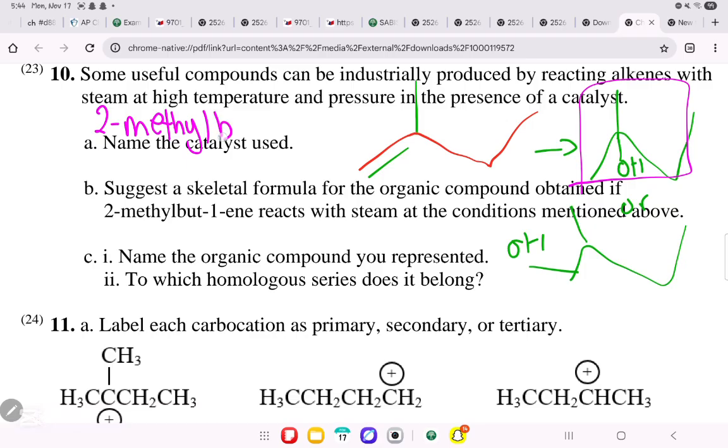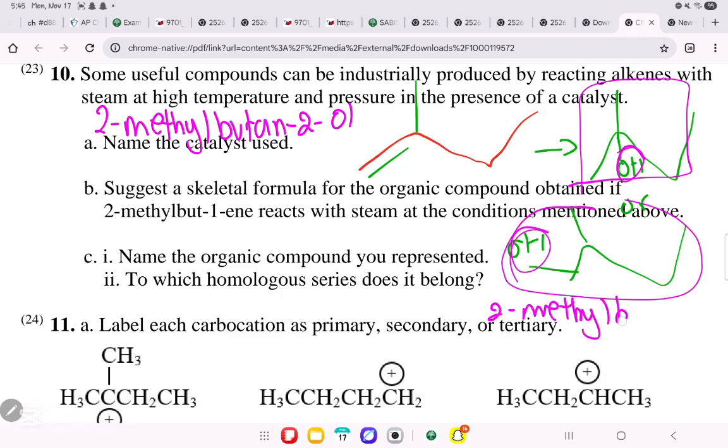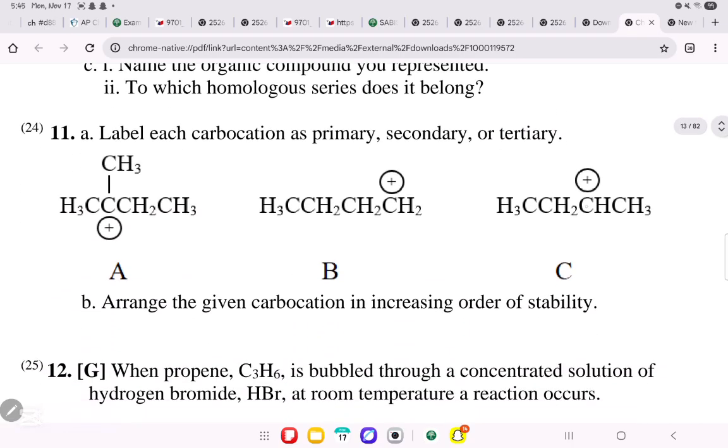Then it's butane, and then where's my hydroxyl group? On the second carbon: butan-2-ol. Or the second one is 2-methyl, where's my hydroxyl group? On the first carbon: butan-1-ol. To which homologous series does it belong? It belongs to alcohols.